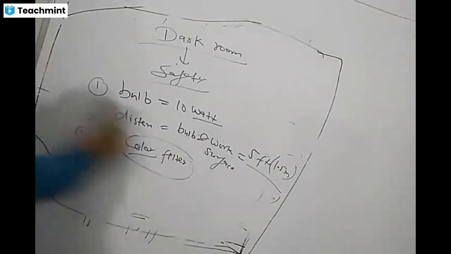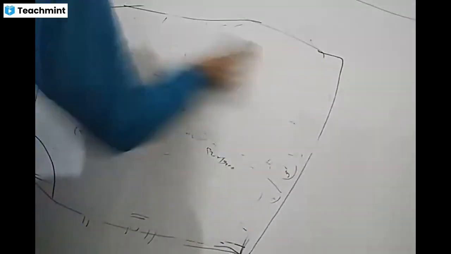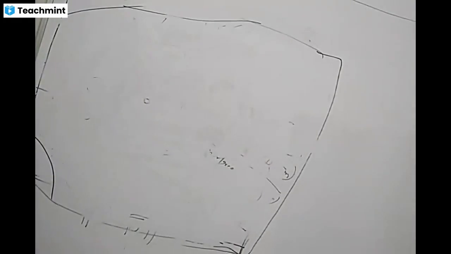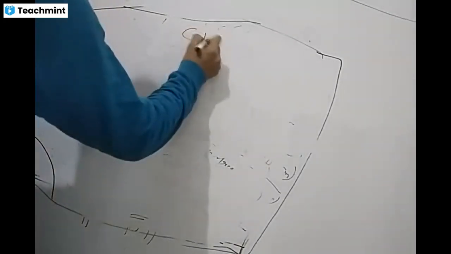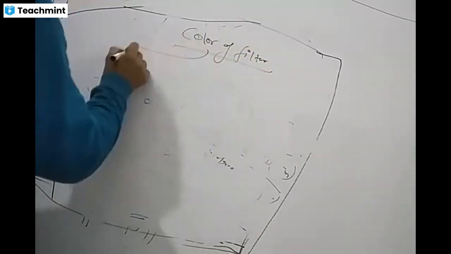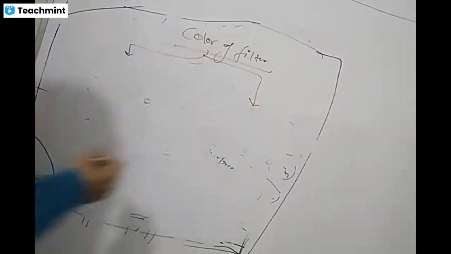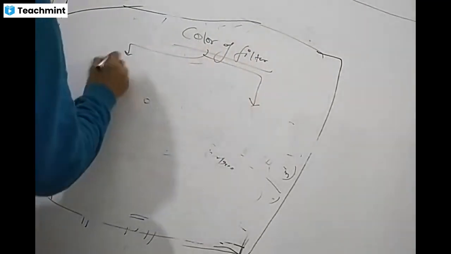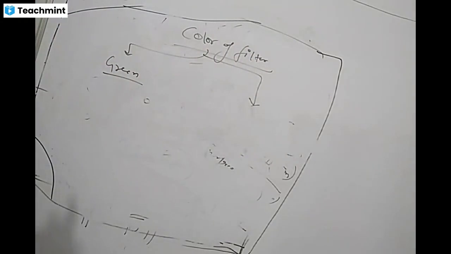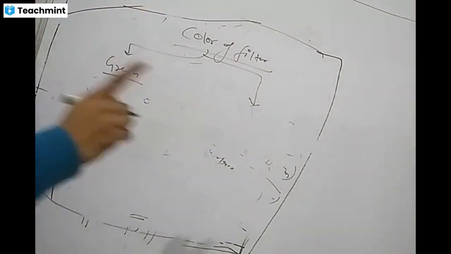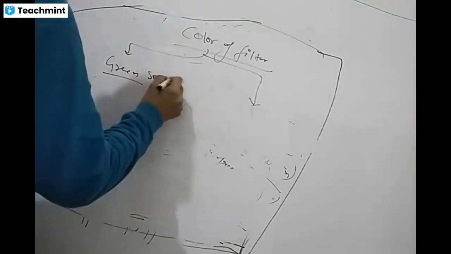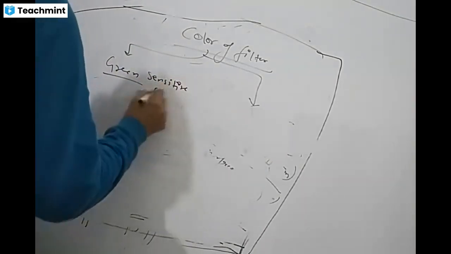Means the filters which we are using here should be chosen accordingly. If we look at the color of a filter, it is of two types. Those intensifying screens which have rare earth elements emit green light. So in that case, we are using green sensitive film.